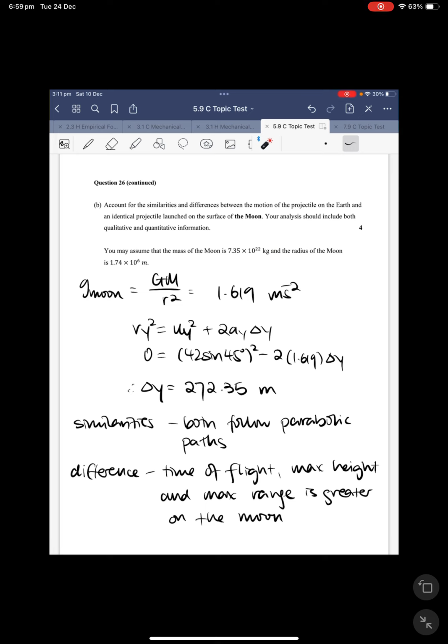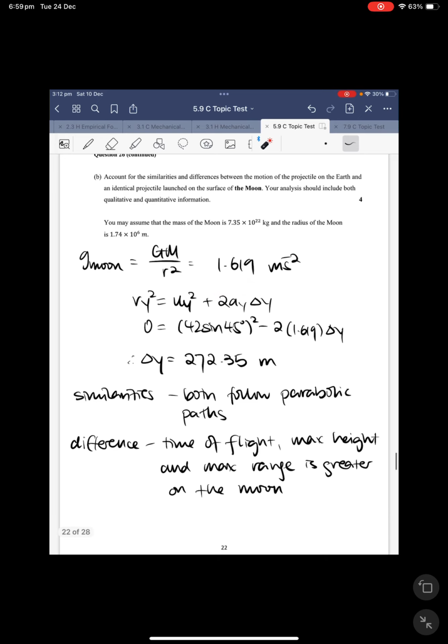Now the reason they've given us all this information is because we can use it to find the gravitational acceleration of the Moon, which is given by the formula GM on r squared, noting that this M is the mass of the Moon, this r is the radius of the Moon, and we calculate that to be around 1.619 meters per second squared.